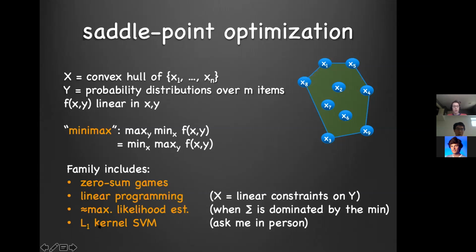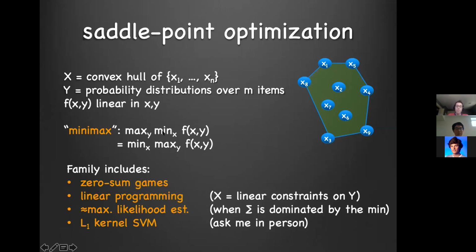This occurs in kernel SVM. So L1 kernel SVM is an example of this sort of succinct constraint where you have a small data point that is mapped non-linearly to this larger vector, and then you want a hyperplane that best separates your yes from no examples. Another thing in this family is approximate maximum likelihood estimation.